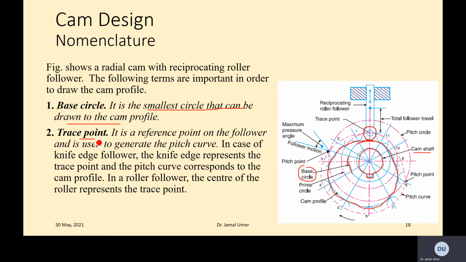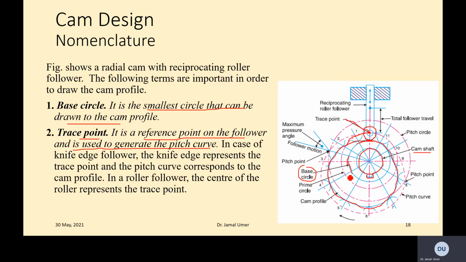Then we have the trace point. It is a reference point, the center of this follower. It is called the trace point because it traces. It is a reference point on the follower used to generate the pitch curve. This point plots this circle.